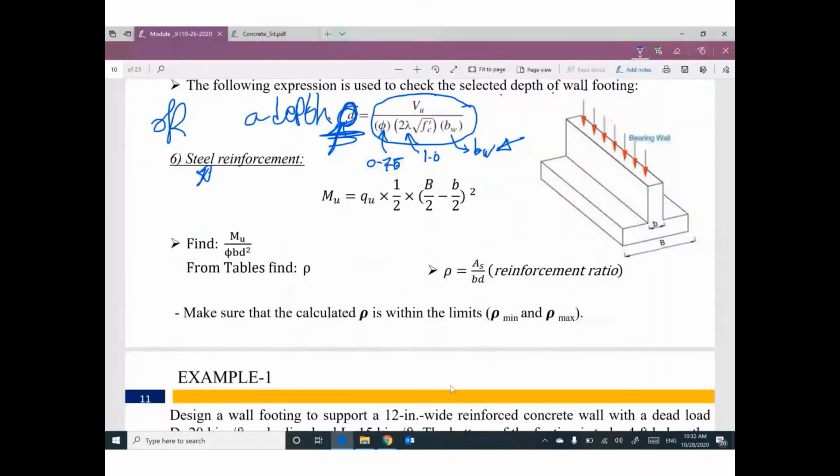At the face of the wall, I will calculate the moment. This point is very important. Please pay attention.